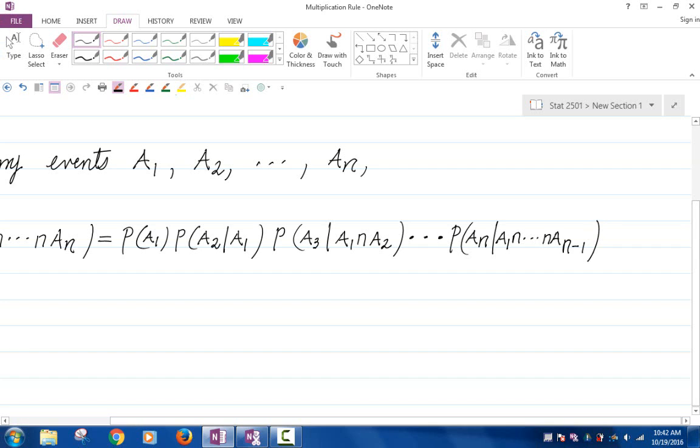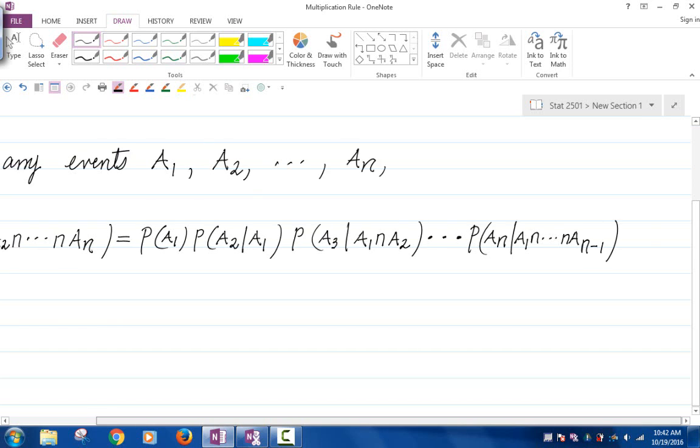Is everybody clear? So how do you derive this? Well, you're basically applying the multiplication rule repeatedly.